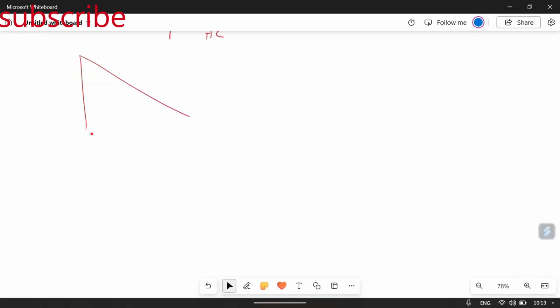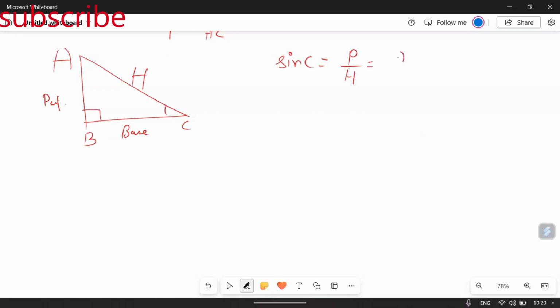Suppose I am talking about the triangle ABC, right angle at B, but we are going to find sin C. For sin C, the base will change, BC will become the base, and the perpendicular is opposite, so the perpendicular will become AB, and the hypotenuse will remain the same, because the hypotenuse is the longest side. So sin C will be, we know the formula, perpendicular upon hypotenuse, so it will become AB upon AC.